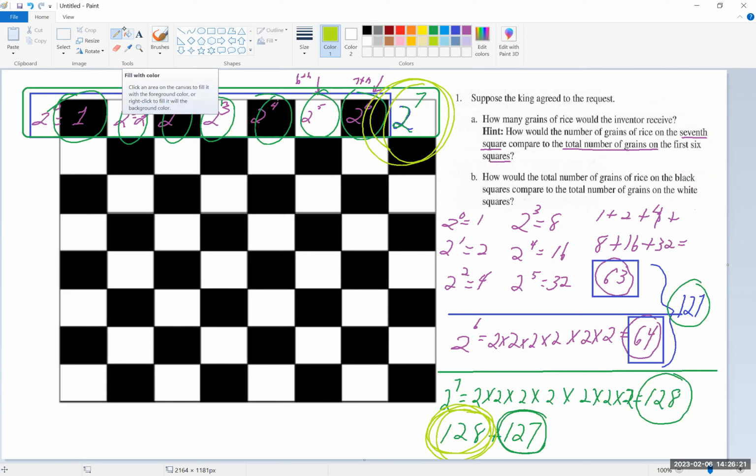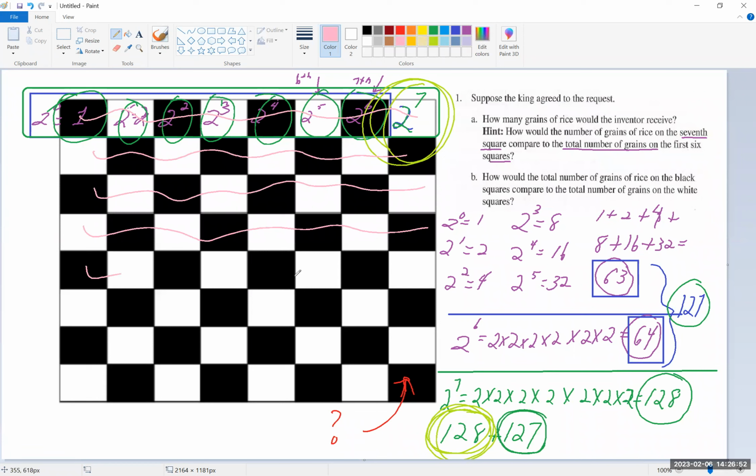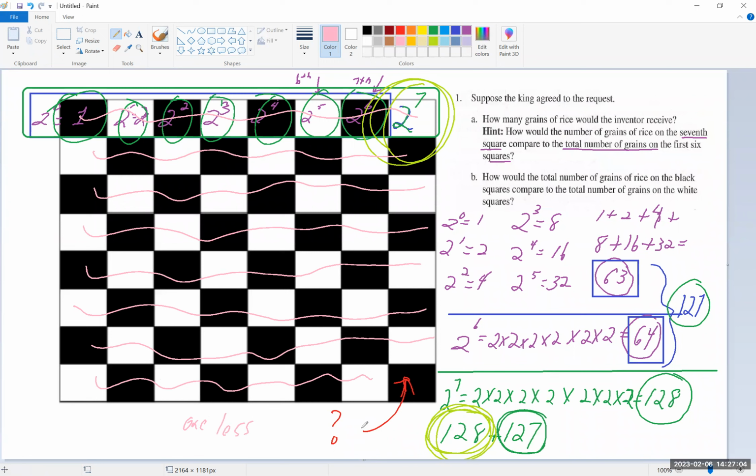But if you can figure out, let's use red now, if you can figure out how many pieces of rice are here, then all the other ones, every single one of them added together will be 1 less than this one.